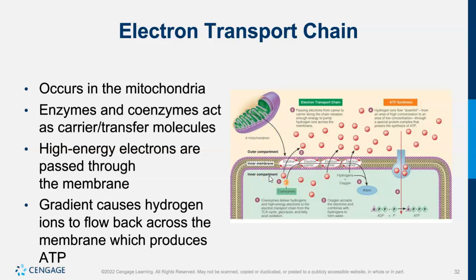Basically, these hydrogen ions get passed back and forth through this membrane, and it creates ATP. I'm not going to go into exactly how this happens, but these high energy electrons are passed through this membrane, and it allows the body to harness some of that as high energy compounds, these ATPs.